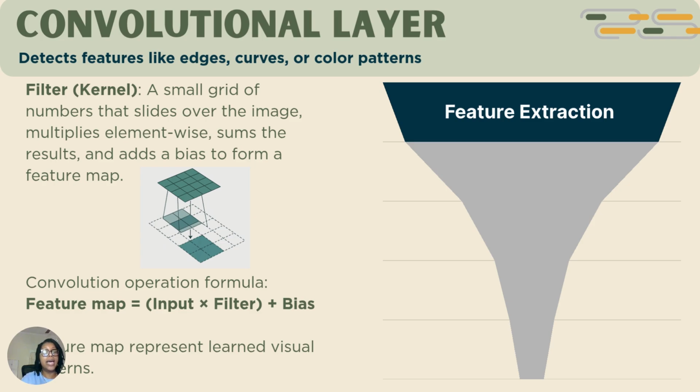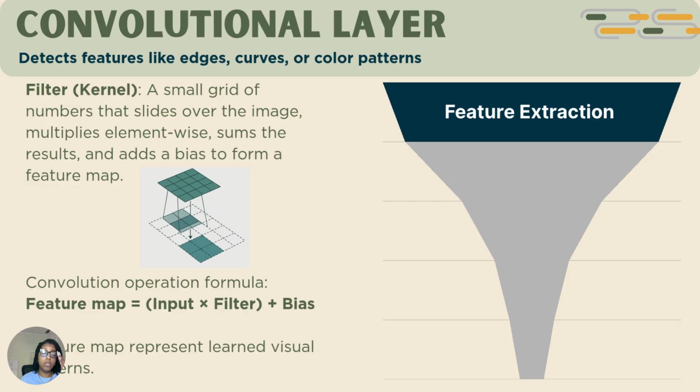This way we can use the pixels to determine what features are in each of those areas. We use what's called a feature map based on what the kernel or the filter is seeing in each of those pixels.